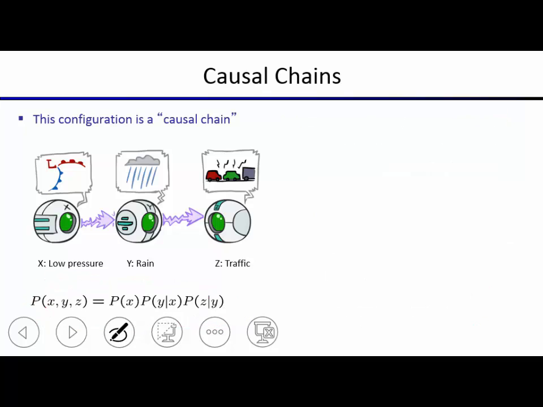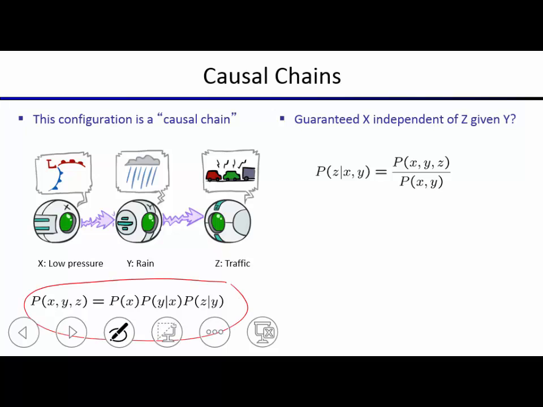Now, how about the other question that we could ask about X and Z? Are they independent given Y? The question is, when we start with Z given X and Y, can we somehow rewrite it using the fact that we have this thing over here as just Z given Y, and X disappears?